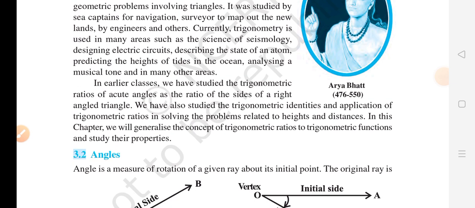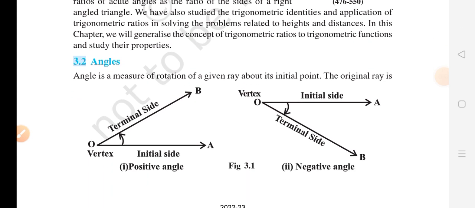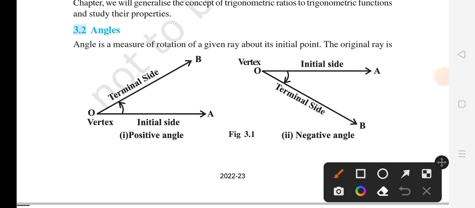We will now understand about angle. What is an angle? An angle is a measure of rotation of a given ray. When a ray is rotated, that measurement of rotation about its initial point is the angle. You can look at the figure here.